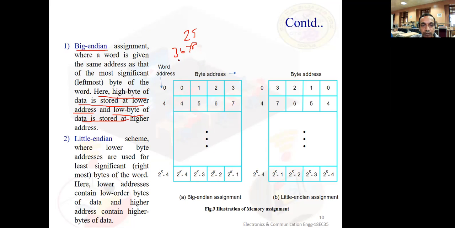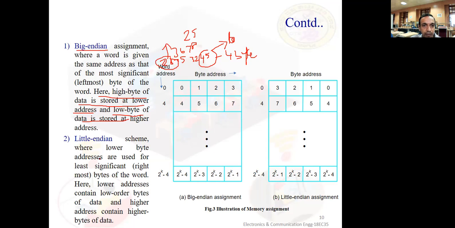Suppose you write, say, 2675, 45, something like this, this is a 4 byte number, right? 2 digits is 1 byte, easy to at least recall and remember. So the higher byte is what now in this, and this is the lower byte, right? This is the lowest byte. This is the higher byte.